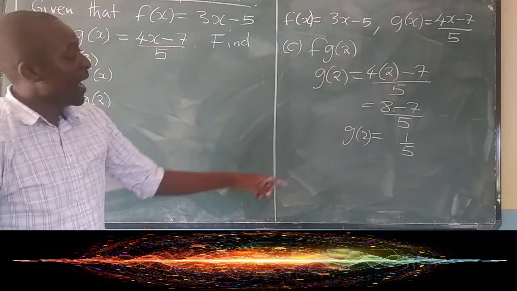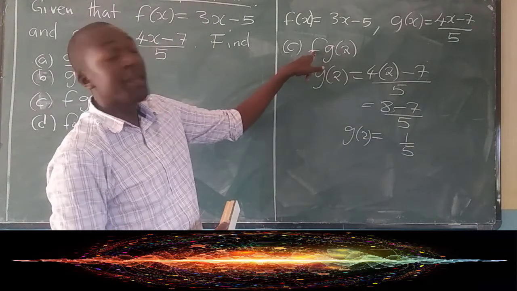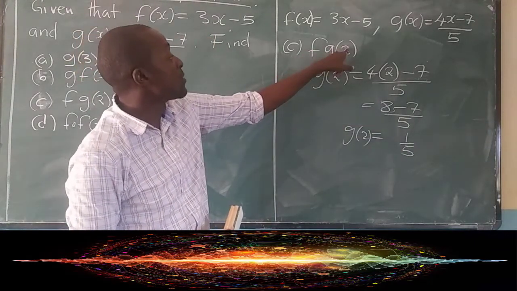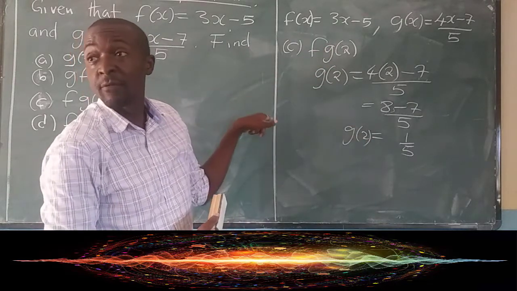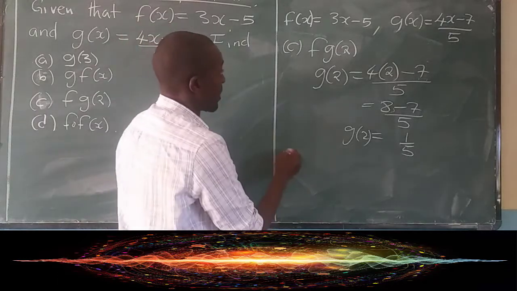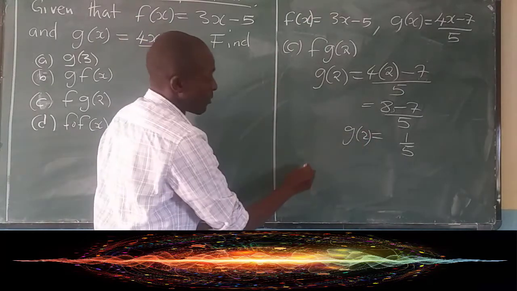And then, after getting this answer here, you now have to substitute it into F. So first you substituted 2 into G, and then you got the answer. Then the answer now you substitute it into the function for F. So you say, okay, where there is x in F, you put G, 1 over 5.